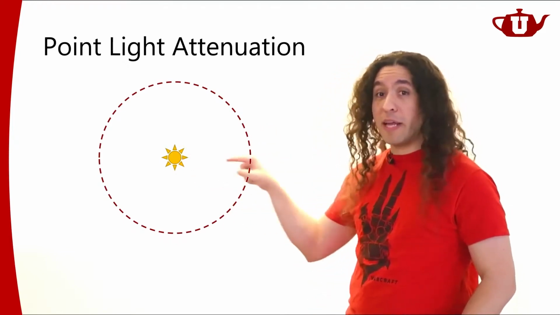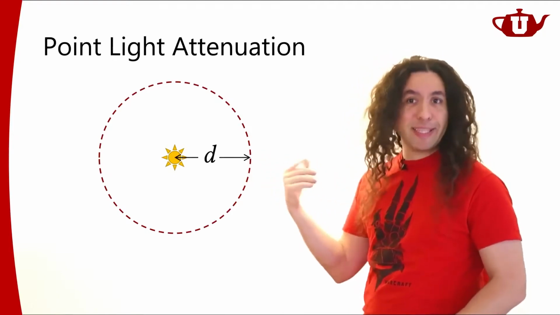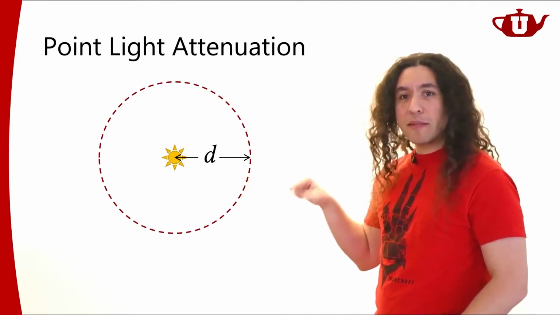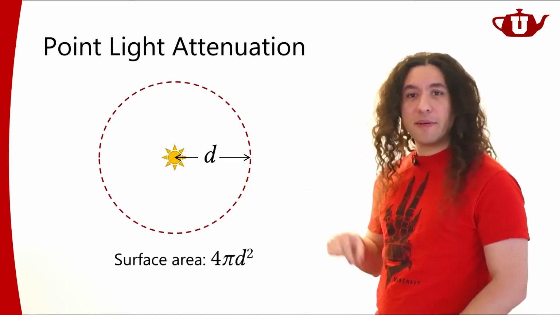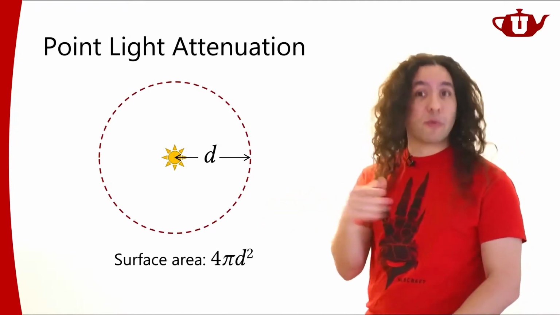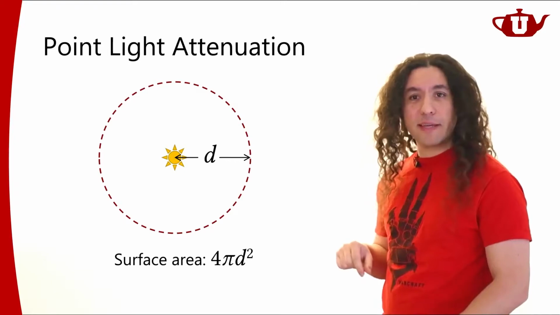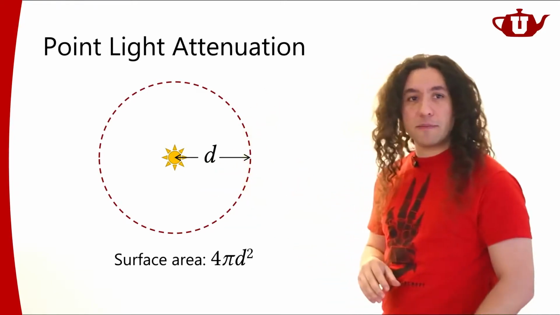So if the radius of this sphere is d, the distance from the light source, the surface area of the sphere can be written with the formula 4 pi r squared, 4 pi d squared in this case, right? So this is the surface area of the sphere.